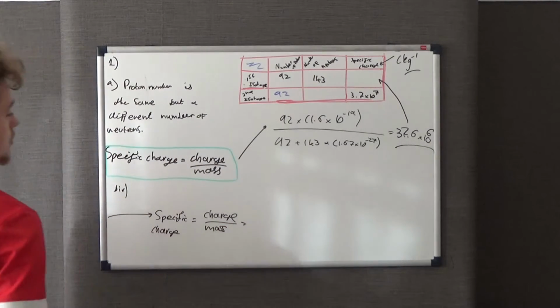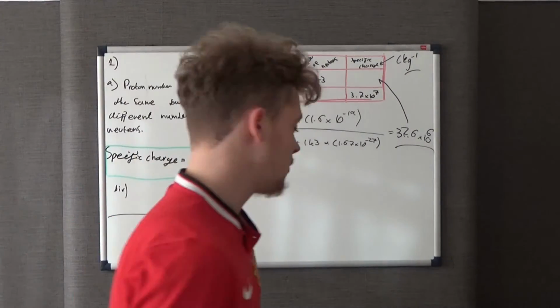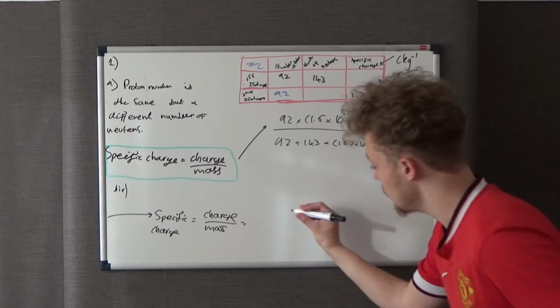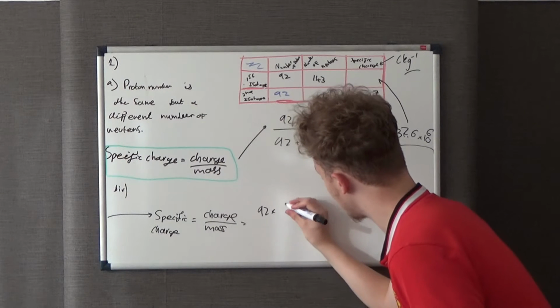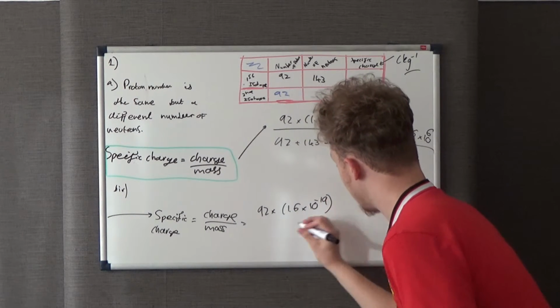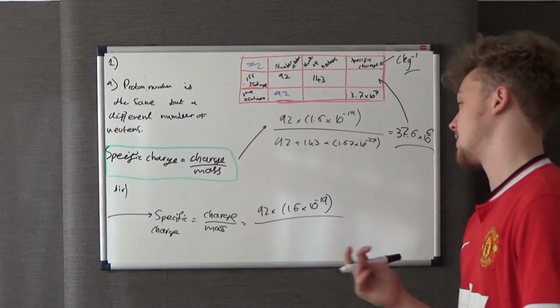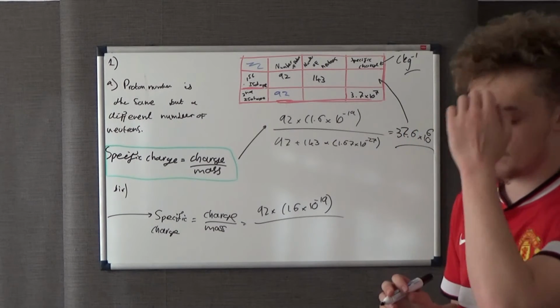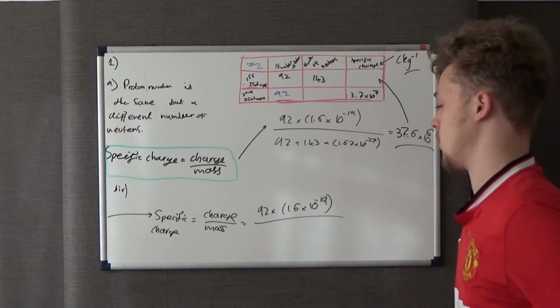Okay, and then I would sub in what you currently know. Now, on the top is going to be exactly the same: 92 times 1.6 times 10 to the minus 19. However, on the bottom, because you could say it's 92 plus a number, I will just leave that number as, well, in algebra you might put x.